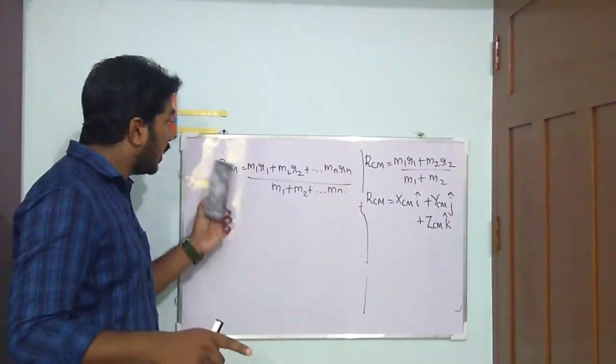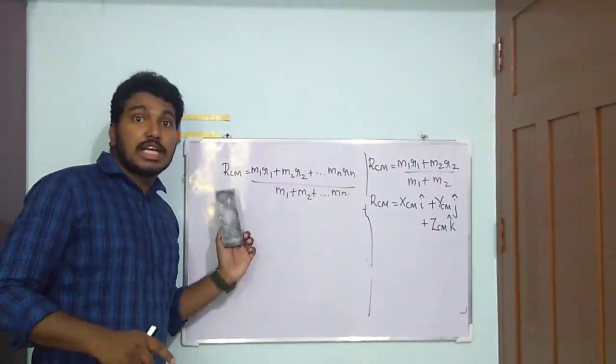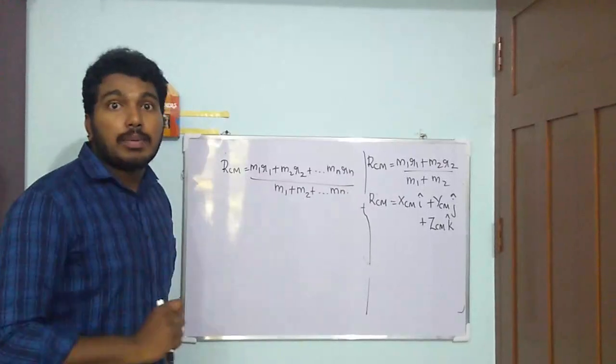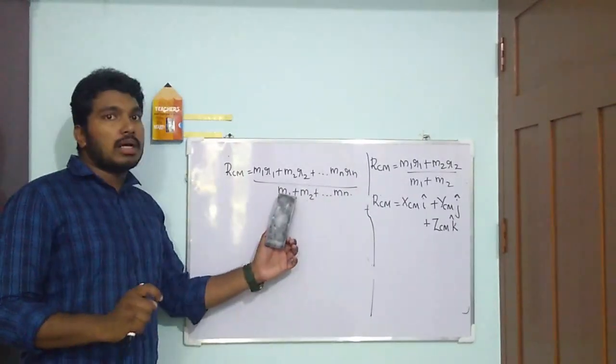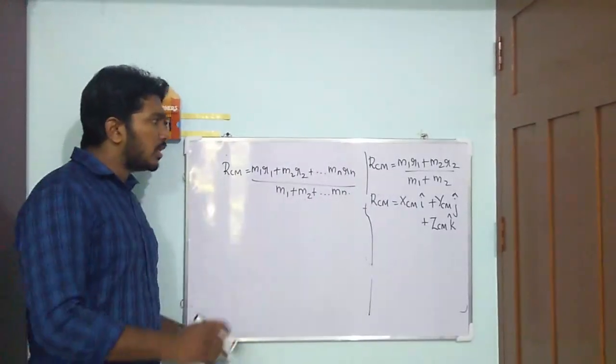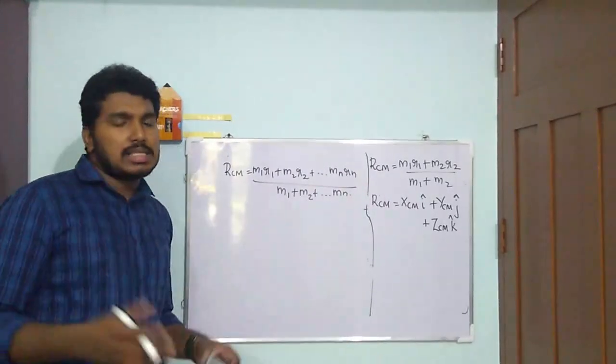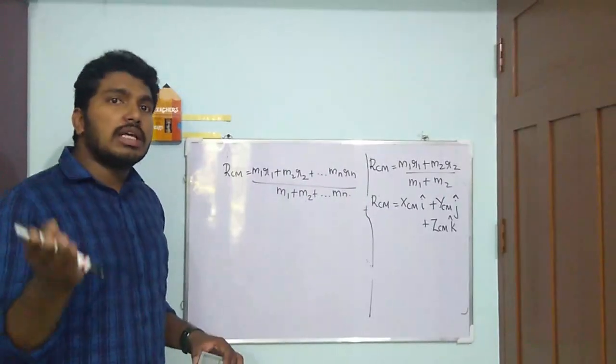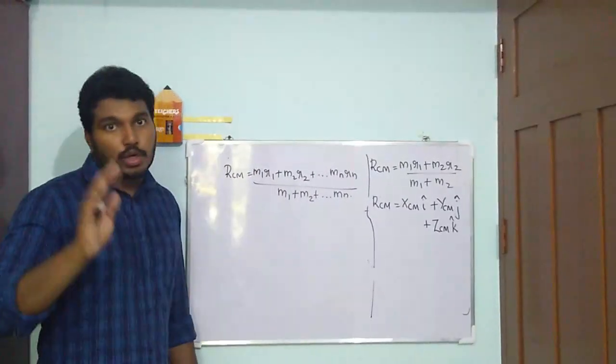So we have specified the position of the center of mass of an n-particle system. Remember this formula, it might come in handy. The questions that come from this portion are generally easy, but we can solve them only if we understand this concept of center of mass.